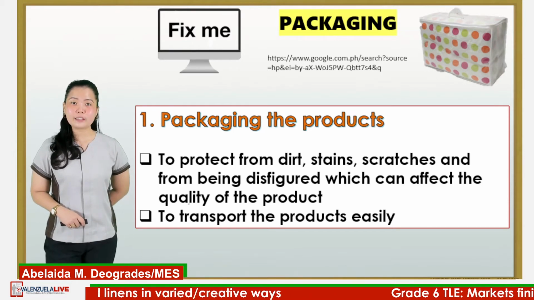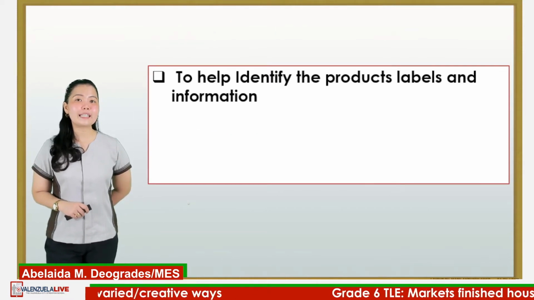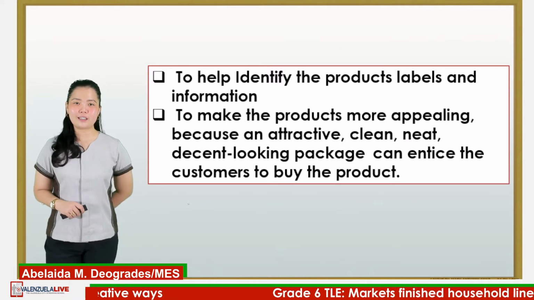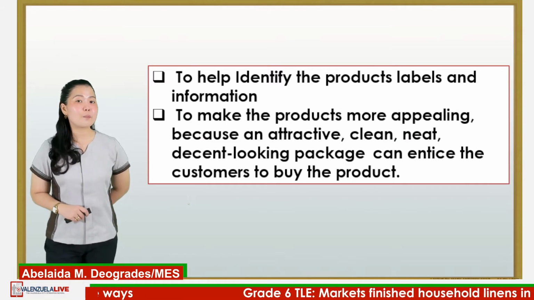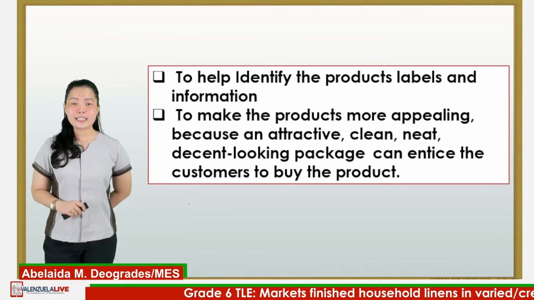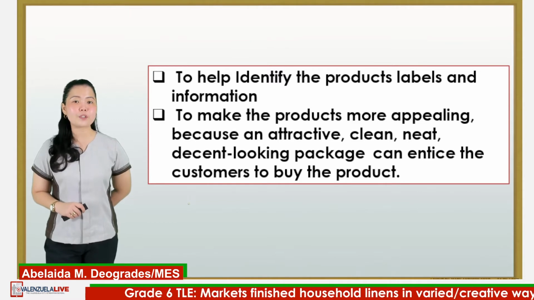It helps transport the products easily, helps identify the product's labels and information, and makes the products more appealing, because an attractive, clean, neat, and decent-looking package can entice the customers to buy the product.